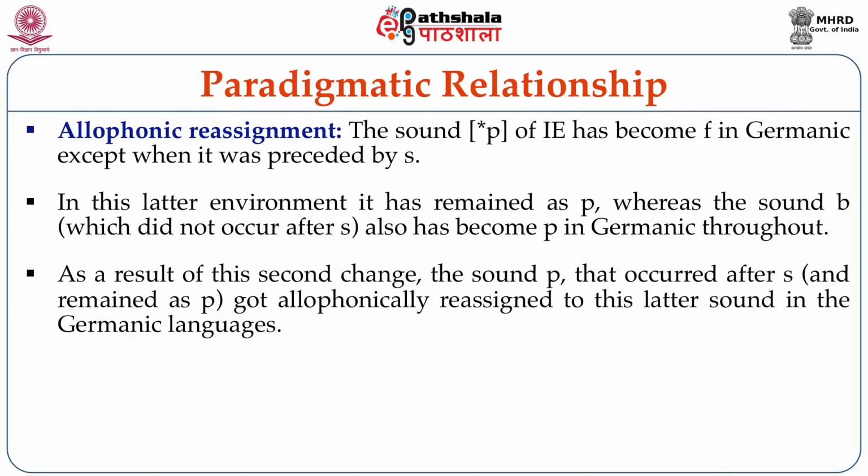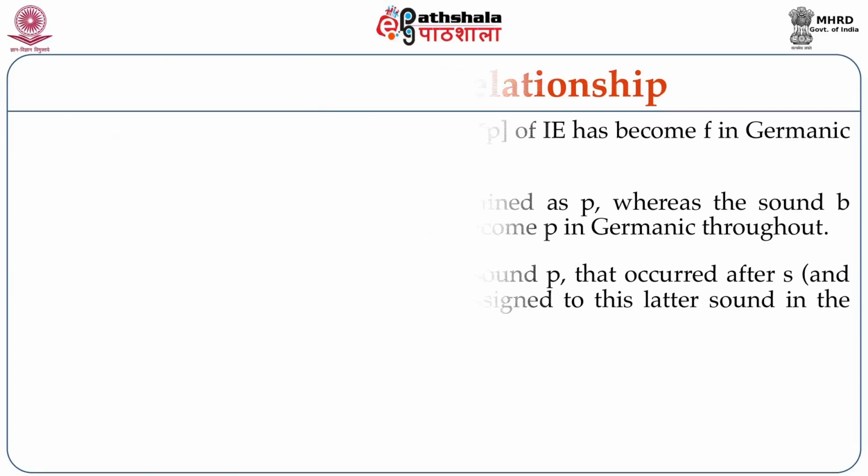As a result of this second change, the sound Pa that occurred after Sa and remained as Pa got allophonically reassigned to this latter sound in the Germanic languages, giving rise to allophonic reassignment.